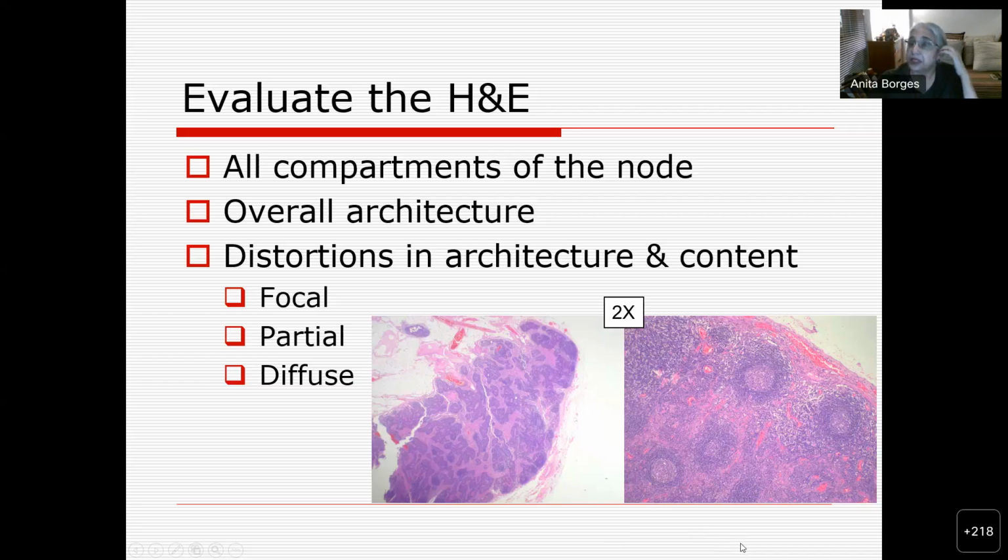But I will tell you that trying to do good lymph node examination without a nice bird's eye perspective, where you have a cone which shows you a large area of the lymph node under low magnification, there is no substitute for that, because you can see things that you would otherwise miss, particularly large nodular configurations in a lymph node which are subtle. So this is something that you should all try to do.